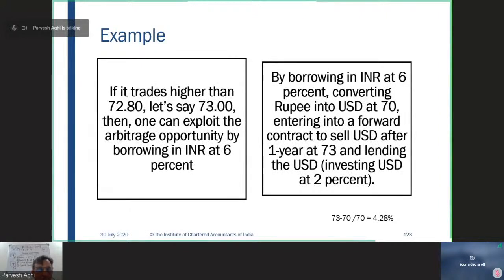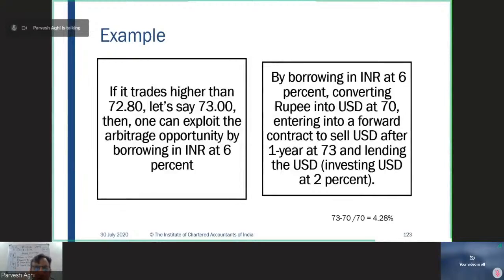So what you are doing in this game is borrowing in INR at 6% and converting the rupee into USD at 70. Suppose you have borrowed 70 rupees in India, so how many dollars will you get? $1. You take that dollar and keep it with you. After 1 year, it is worth 73 rupees.